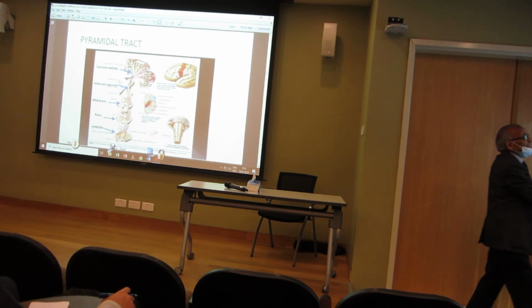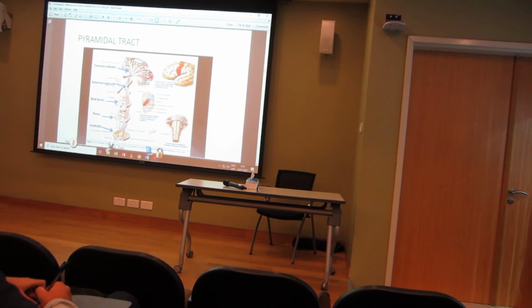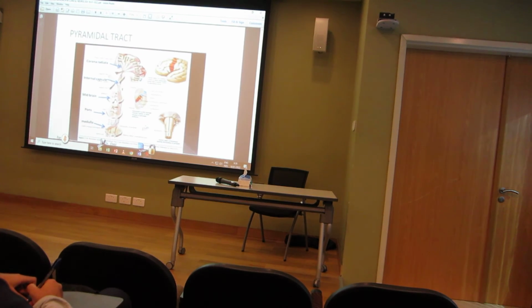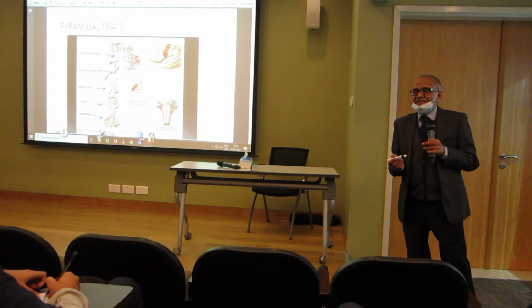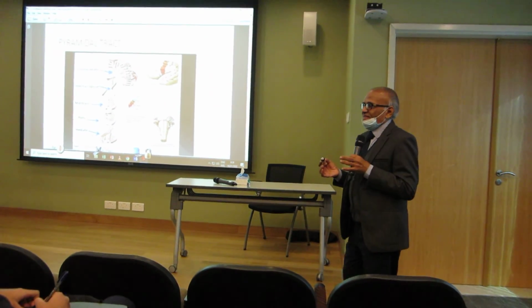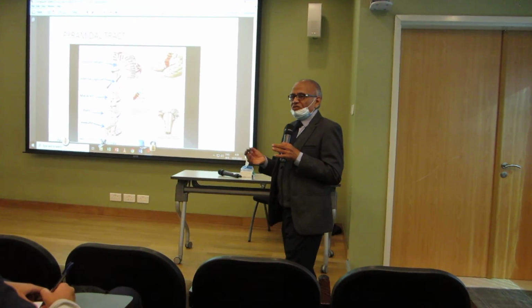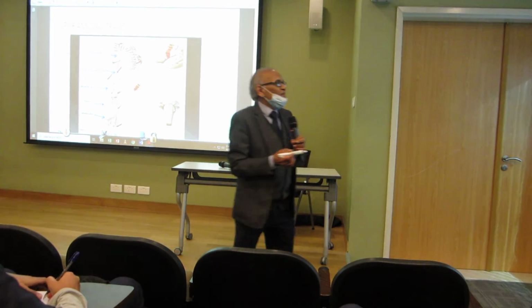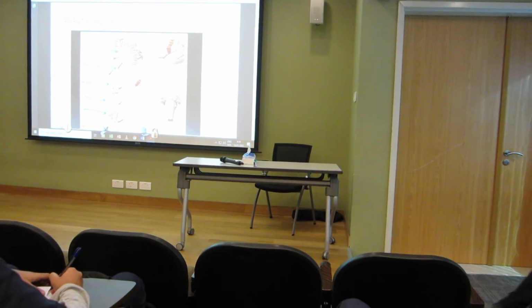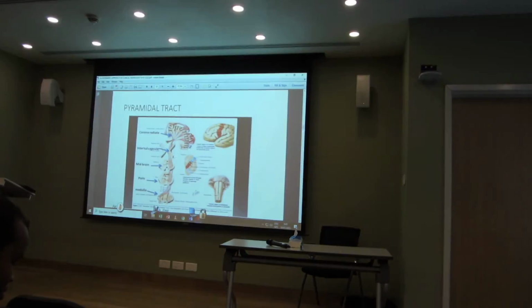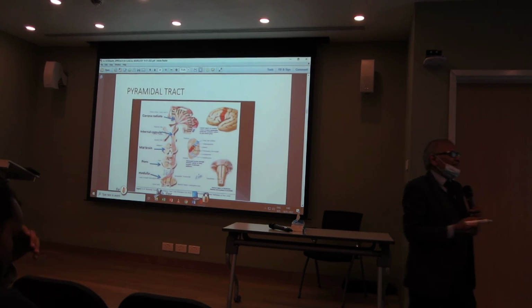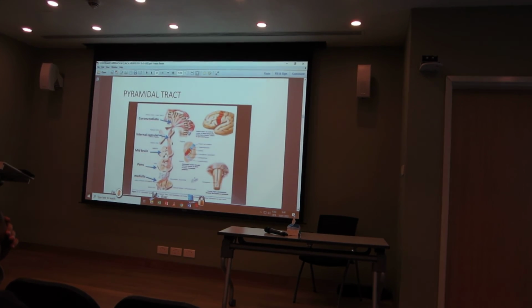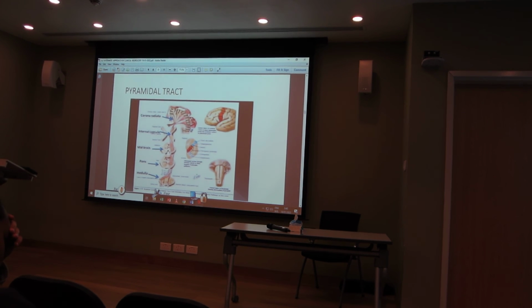So these are what we call pseudo bipolar or pseudo unipolar neurons. They have one process, but it appears as if they have two processes. So this information from here will lead to the posterior horn of the gray matter in the spinal cord. Now when this information reaches here, it is given to another neuron.